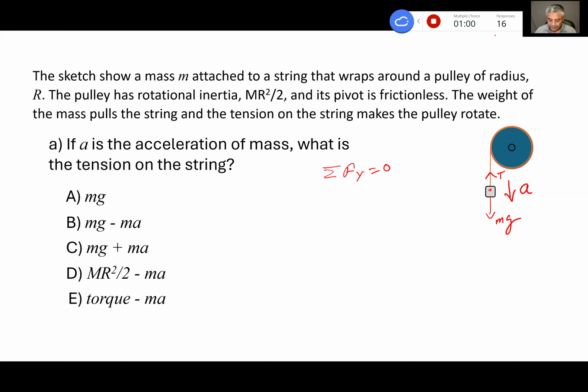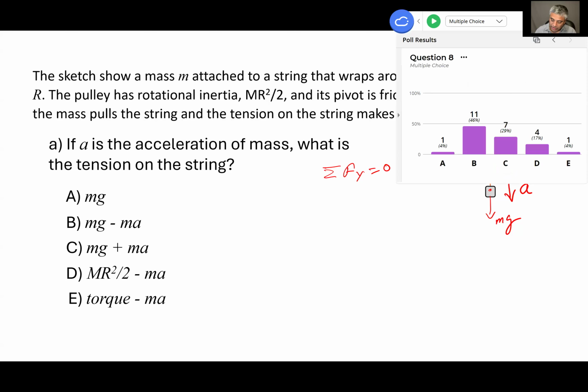Thirty more seconds. And 5 more seconds. 5, 4, 3, 2, 1, and it stops. Okay, it looks like what we got here.